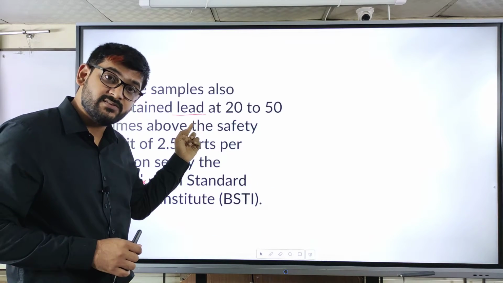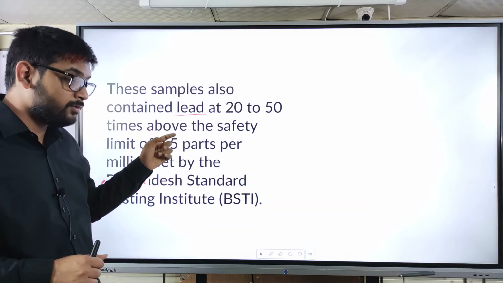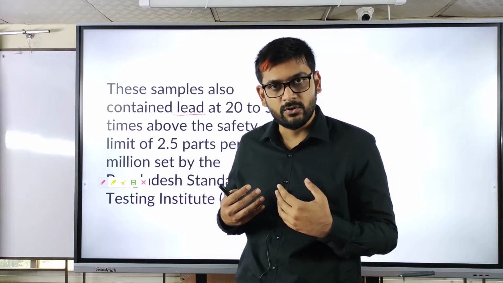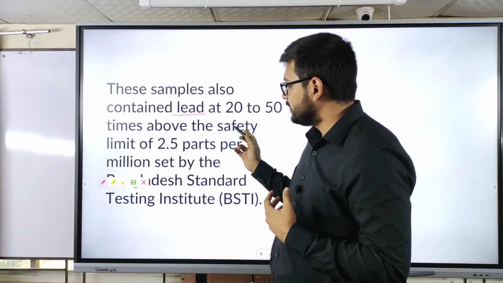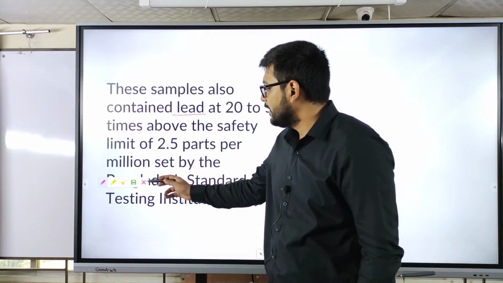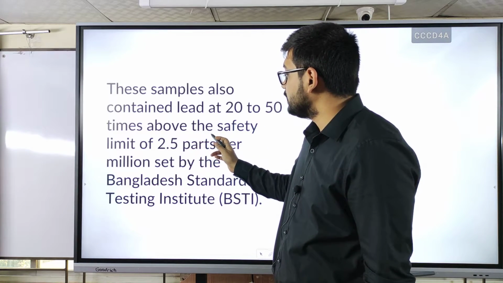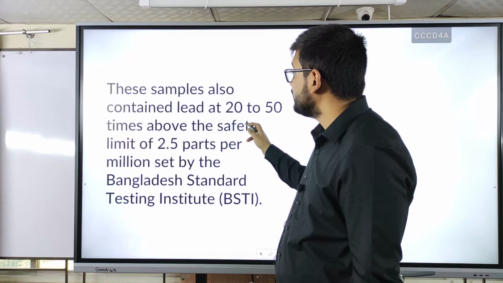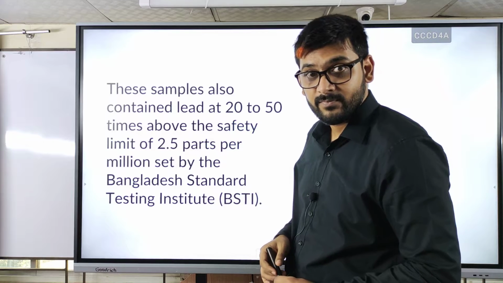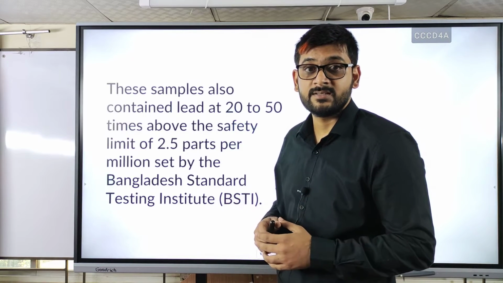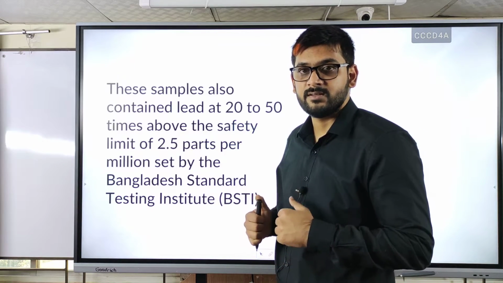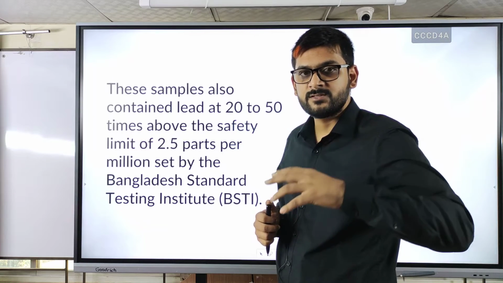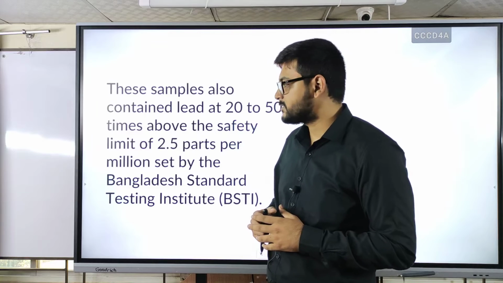Okay, a very poisonous element, and we can absorb lead only up to a certain limit. Up to a certain limit we can absorb lead, but the research team found that the use of lead is 20 to 50 times above the safety limit. This is a huge amount of lead, and this can be very fatal when we eat food processed with the spice.